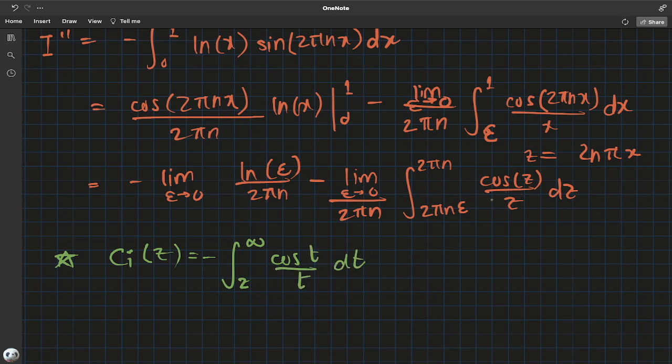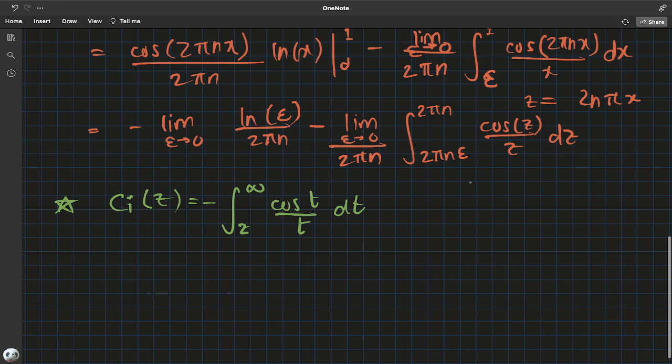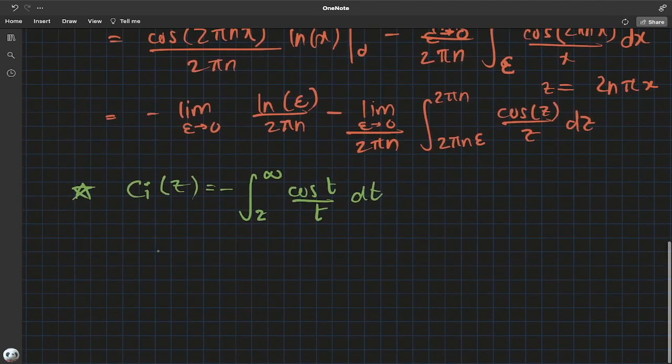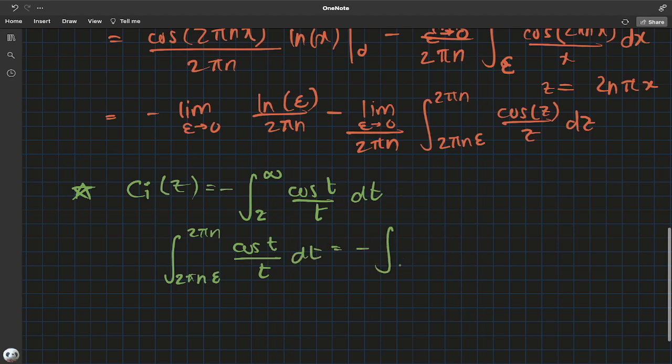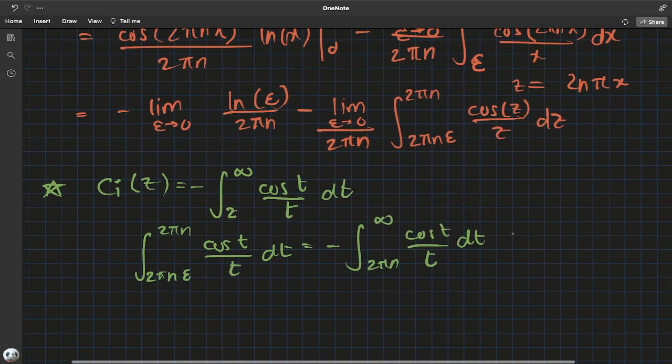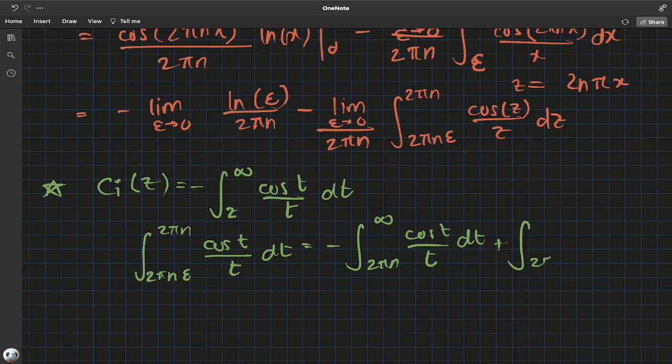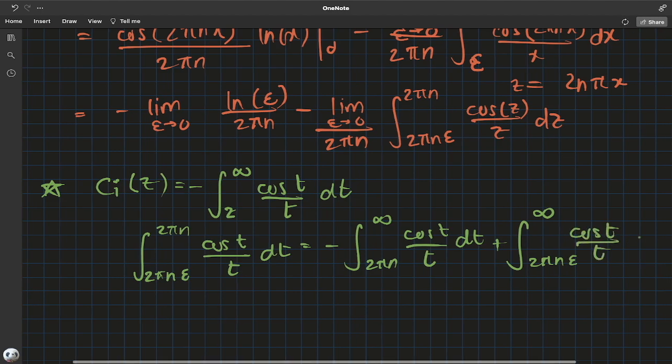Notice we have the same integrand, but what we can do is work with these upper and lower bounds. So we have 2 pi n epsilon to 2 pi n of cosine t over t dt. We can break them up: negative integral from 2 pi n to infinity of cosine of t over t dt plus integral from 2 pi n epsilon to infinity of cosine t over t dt.